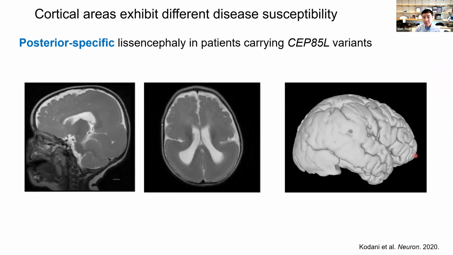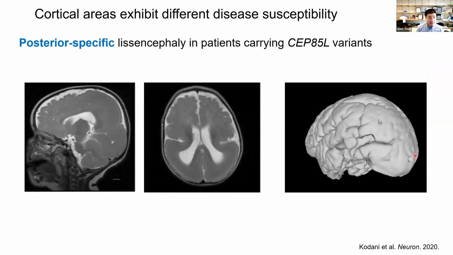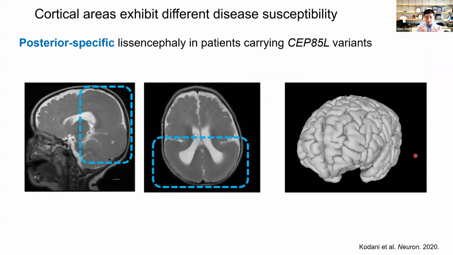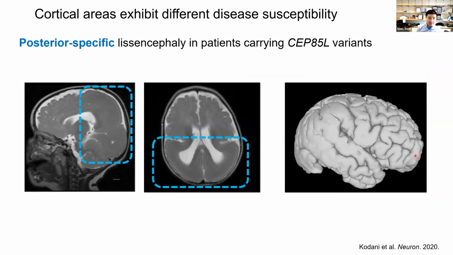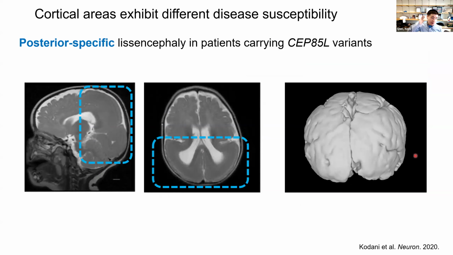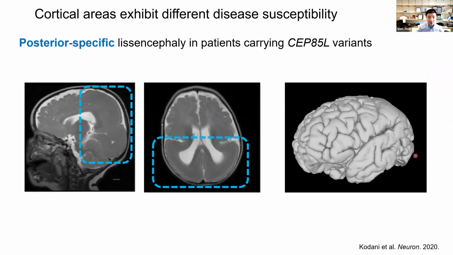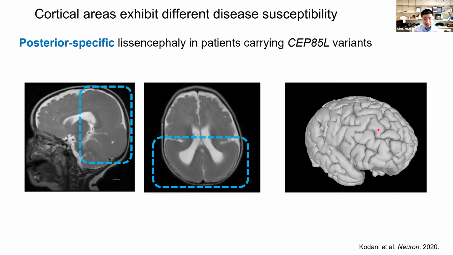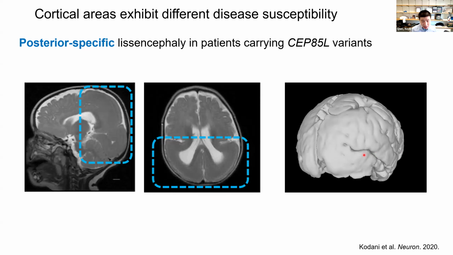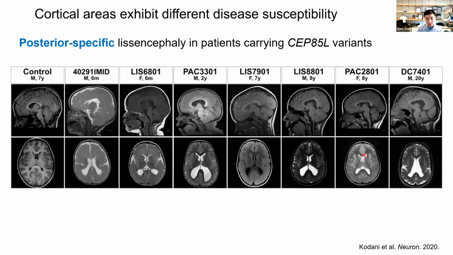Say a gene called SEP85L, when it's mutated, will cause this very dramatic smooth cortex malformation specific to the posterior part, with the anterior part almost completely spared. You can see the lack of gyrification here. And this happens not only in one or two cases occasionally, but there are full cohorts of patients that exhibit the same specificity while carrying different types of variants in the same gene.